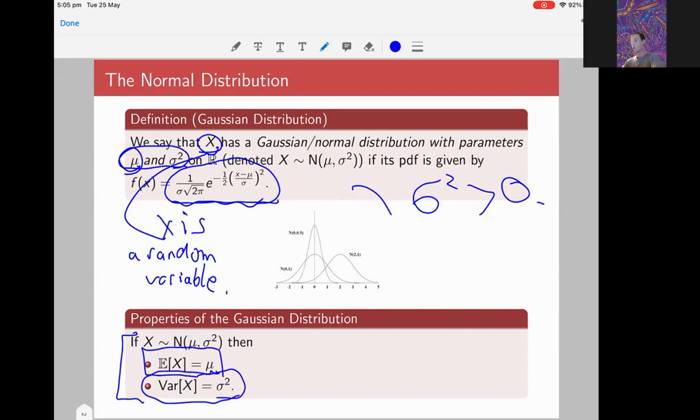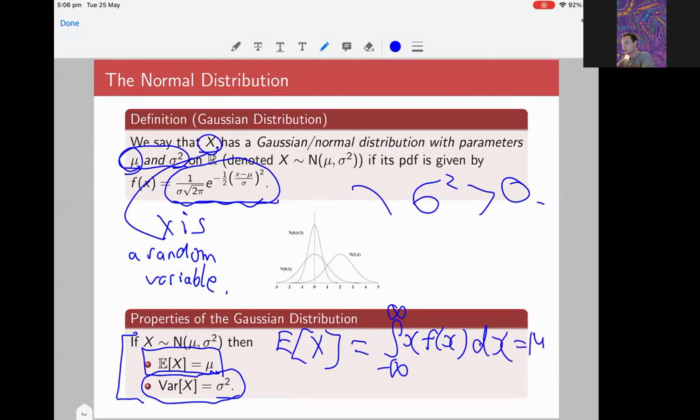You may recall, maybe you don't, that to work out the expected value of a random variable, you need to integrate the probability density function multiplied by x dx.